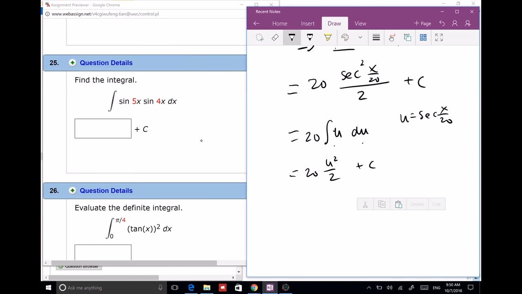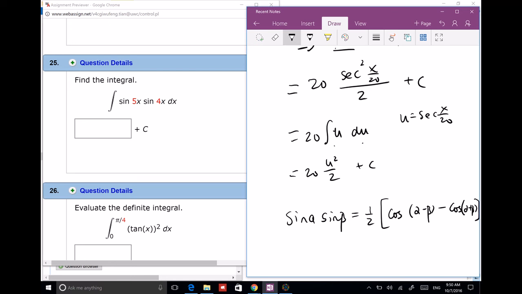Okay, and number 25, you use the sine alpha, sine beta formula. You use the formula of half of cosine, my bad. Sine alpha sine beta equals half of cosine alpha minus beta minus cosine alpha plus beta.